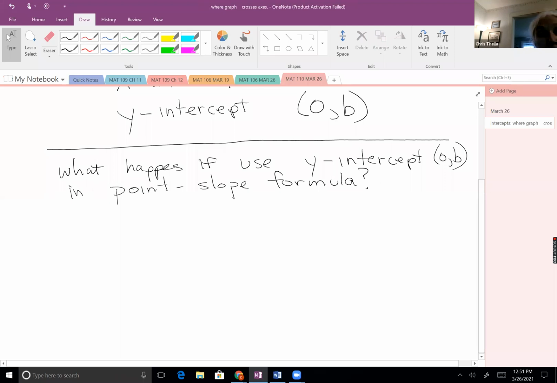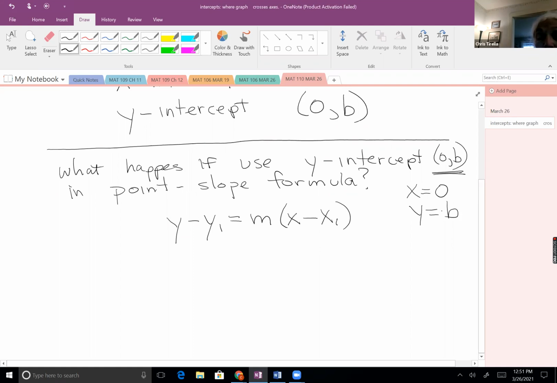Well, again, the point slope formula is y minus the y value of my point is equal to the slope times x minus the x value. Well, if I'm using this intercept, the x value is 0 and the y value is whatever number b is. And so this becomes y minus b is equal to m times x minus 0.